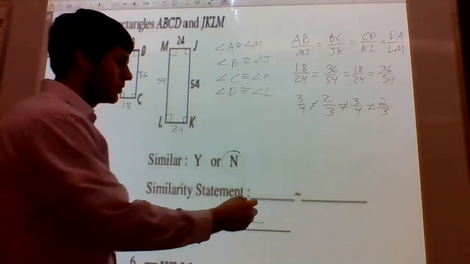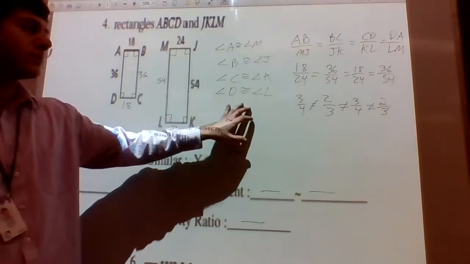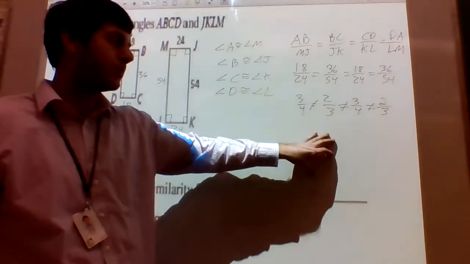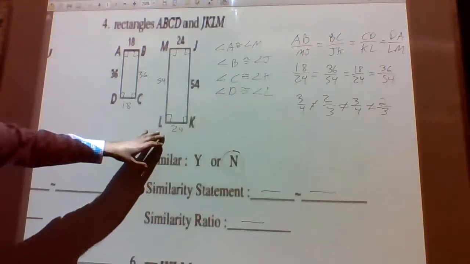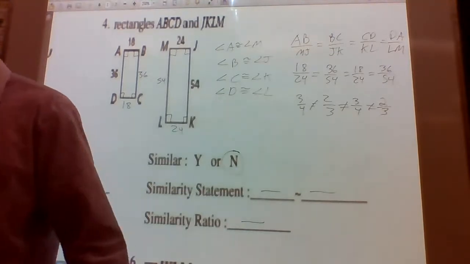And then there's going to be no similarity statement. So you need to have four pairs of congruent angles, and all the sides need to be proportional. All of our sides here are not proportional. So therefore, we can't say the figures are similar.